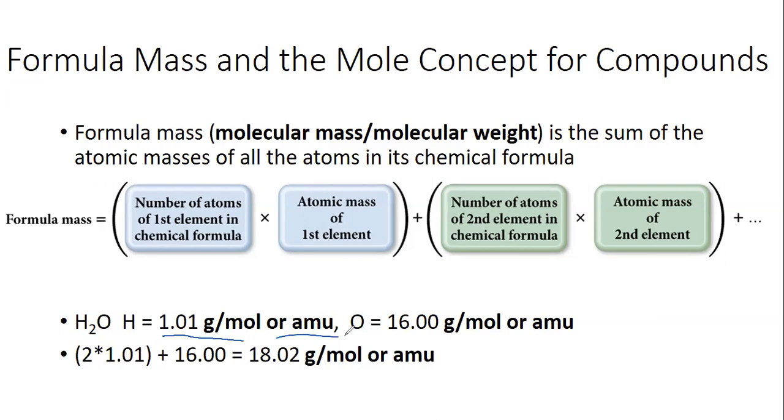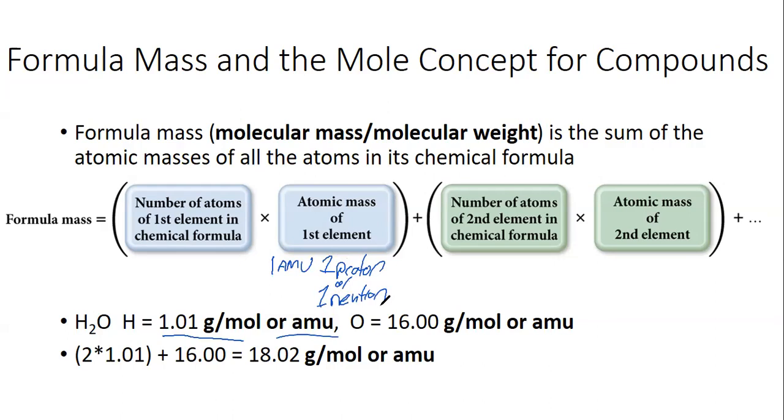And we talked about this already, but 1 atomic mass unit, 1 AMU, is equal to 1 proton or 1 neutron, right? That's the weight of a proton or a neutron. So hydrogen has a proton. Oxygen is 16, so they have 8 protons and 8 neutrons, or 16 grams per mole.